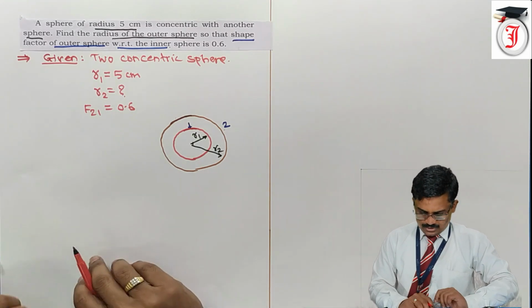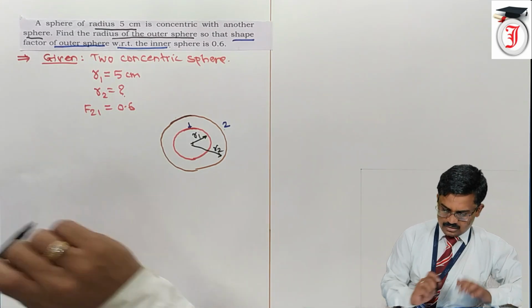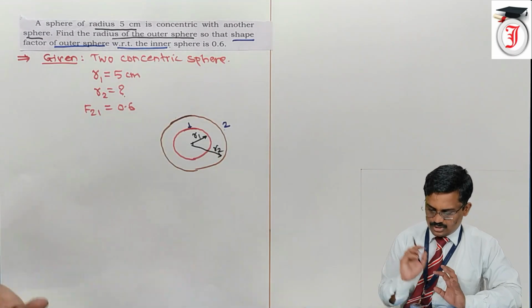So let us calculate the radius of the outer sphere.